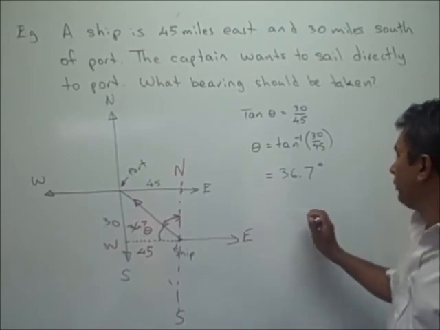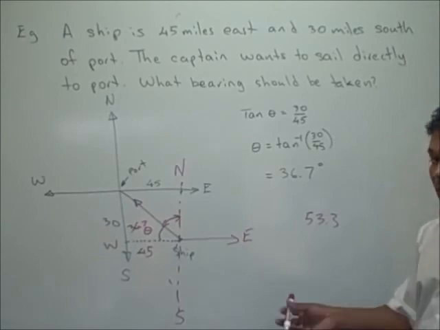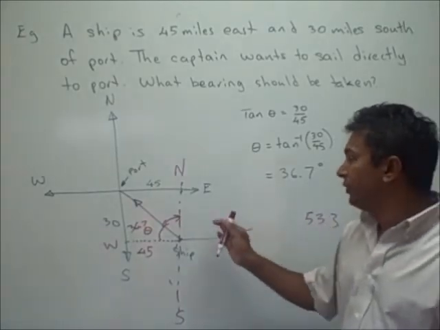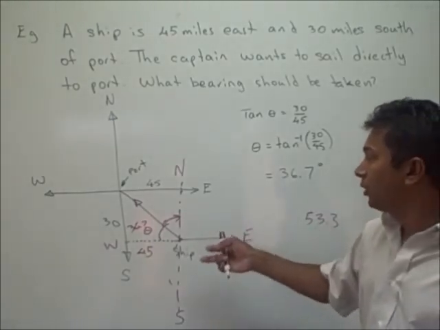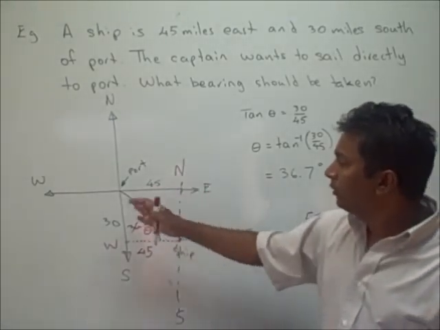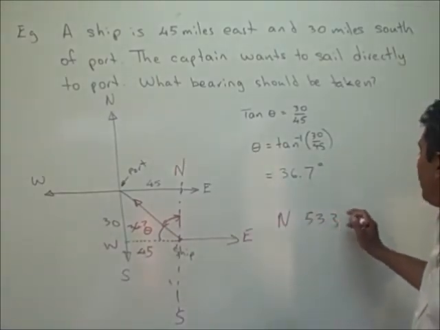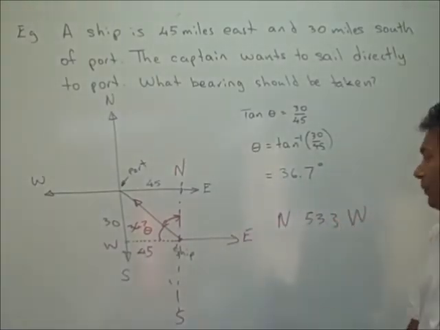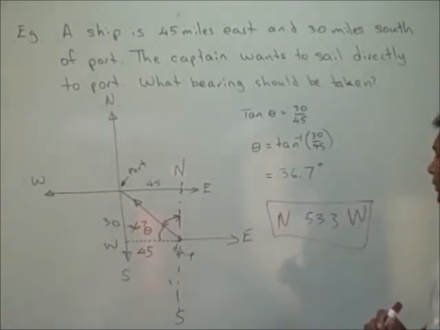So our bearing would be 53.3 degrees. Not only do we write it as 53.3 degrees, we need to specify which quadrant it's in. Since it's in the northwest quadrant, we write north 53.3 west. So here's our bearing of our ship, north 53.3 degrees.